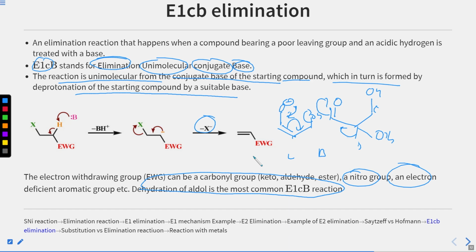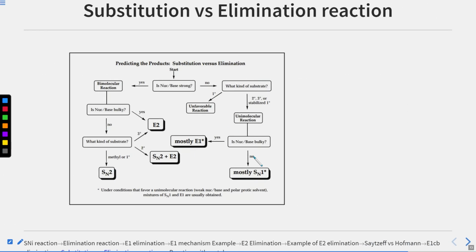Now we will move to the most important thing, that is, where do we take substitution and where do we take elimination reaction. For that we have to look at this flow chart. Suppose we are given a substrate. First of all, look at the nucleophile or the base that you are given, the reagent.